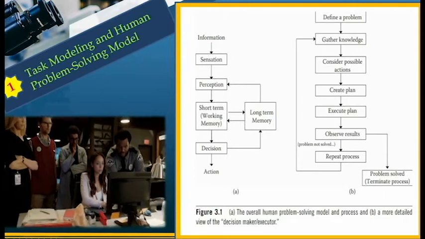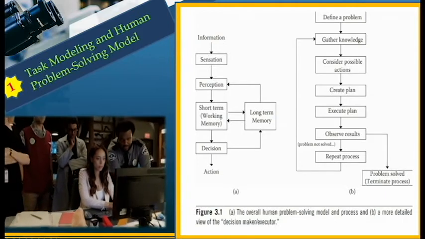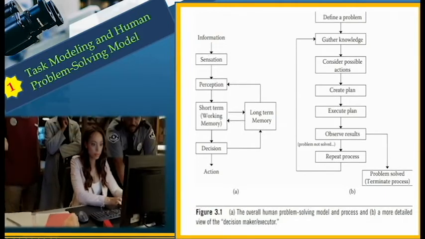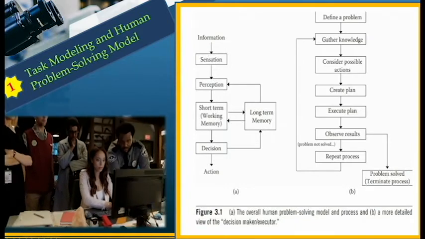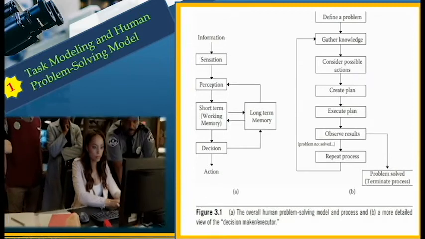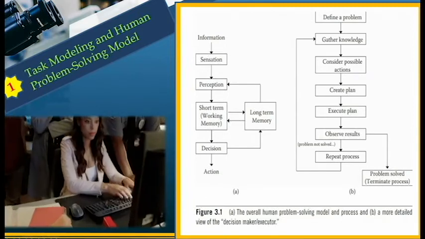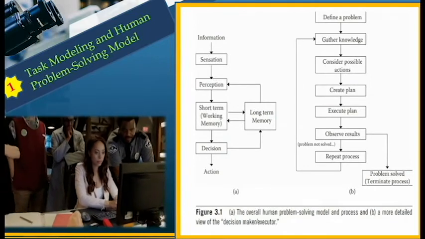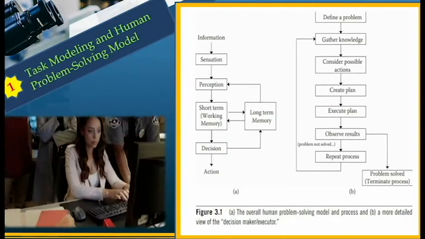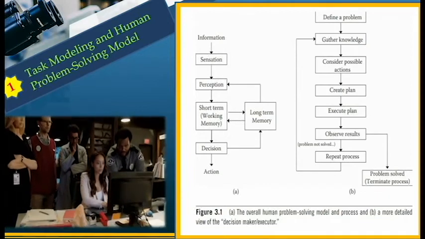From the information processing, it goes down to sensation. What are sensation information? These are your visual, oral and haptic raw information. Later we'll be discussing the different kinds of sensation information.